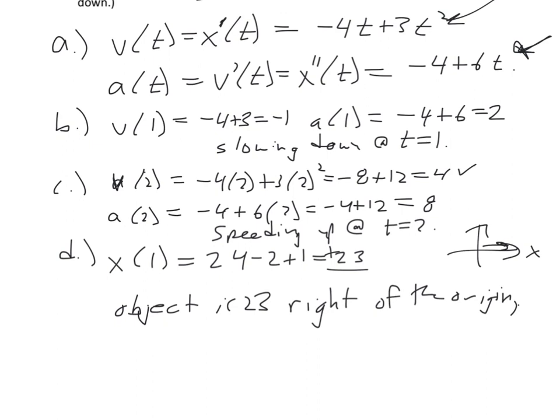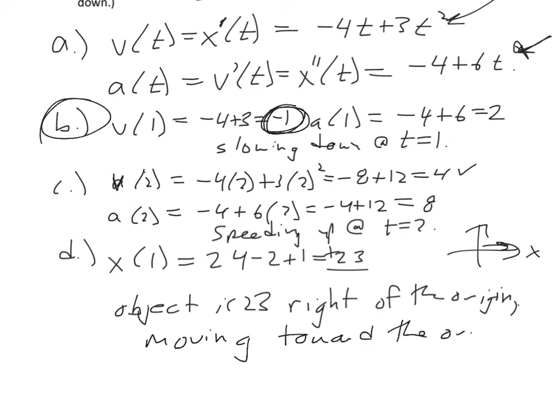Now, what about the direction that it's moving, or its speed, right? Well, we knew from up here in part B that its velocity is negative 1. So which way is it moving? If its velocity is negative 1, it's moving toward the origin. Okay, so even though the thing is over here, it's moving back toward the origin, right?